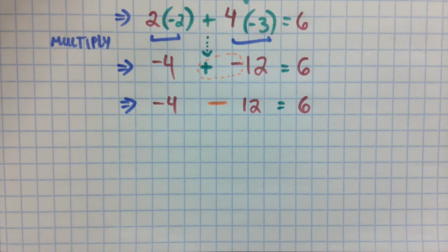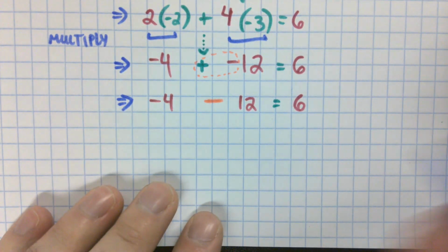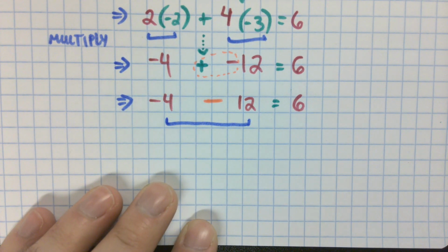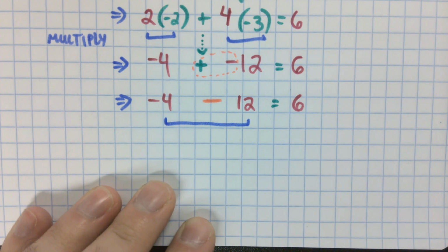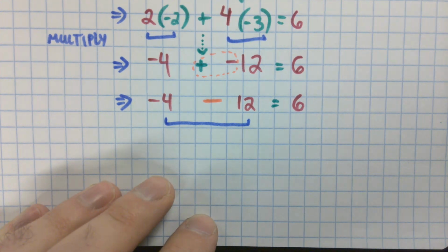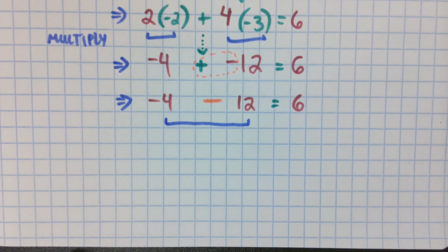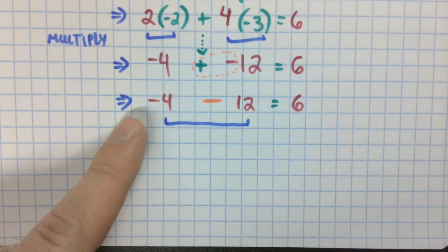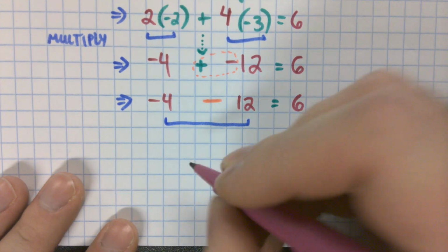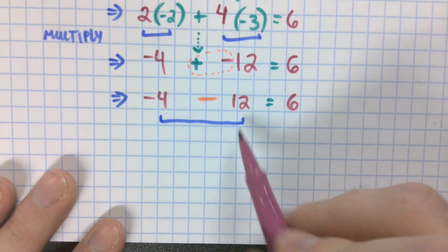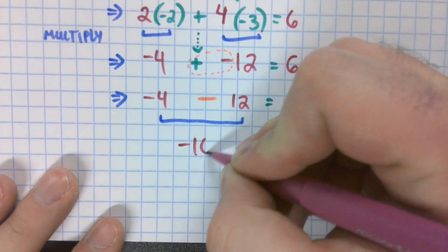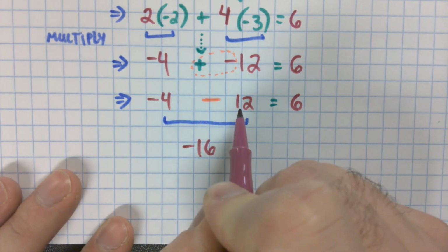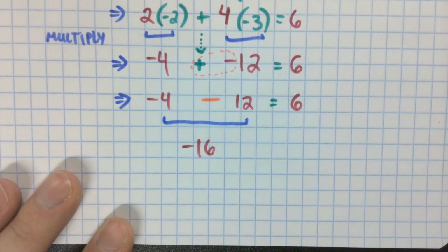What would -4 minus 12 be? See 2 minus signs? Think about spending money. How much do you spend in total here? If you spend $4, then spend $12, you spent $16.